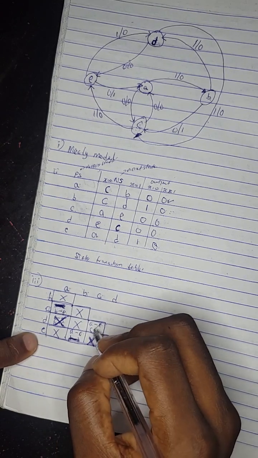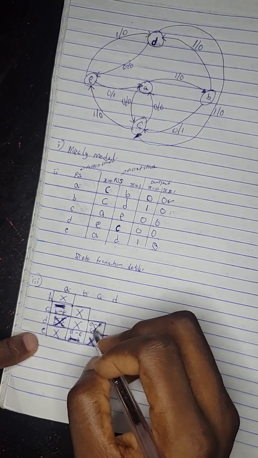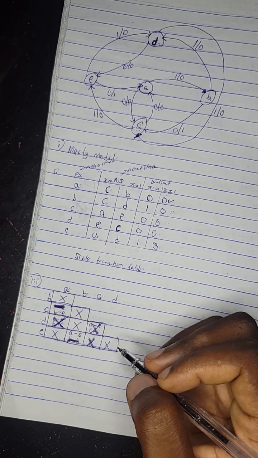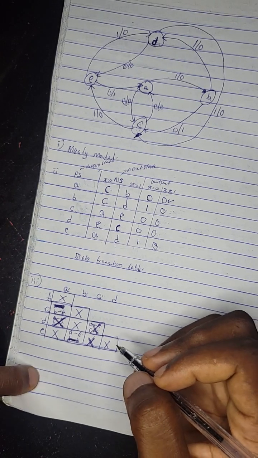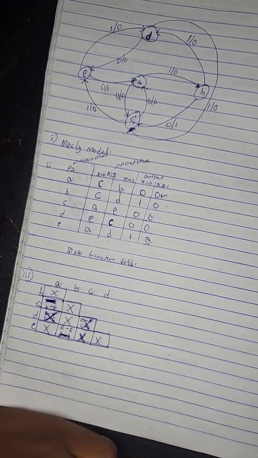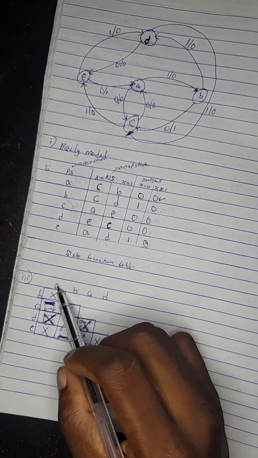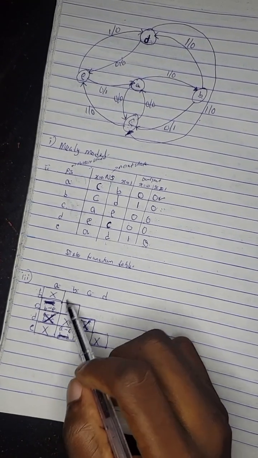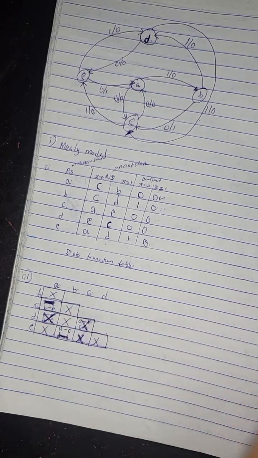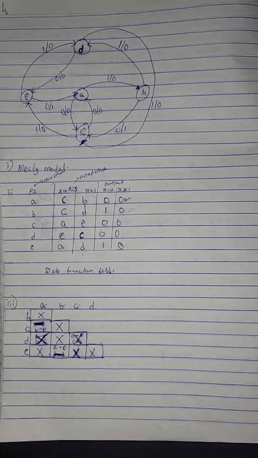So we are going to cancel this one also. And that's going to be all. So now you are going to check again one more time. B is still alive. AC is still alive. So that's going to be our redundant state.